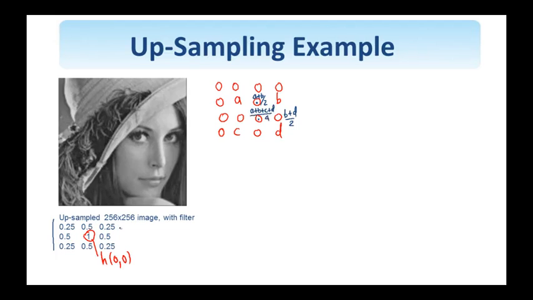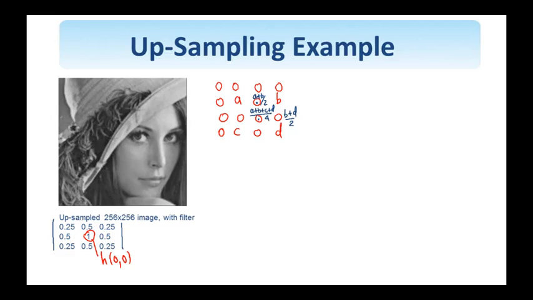I just take the impulse response of this, it's symmetric, so even if I flip it around, it will stay the same, and I place the center at the pixel location. I try to find its value, and we see that this is indeed the case.